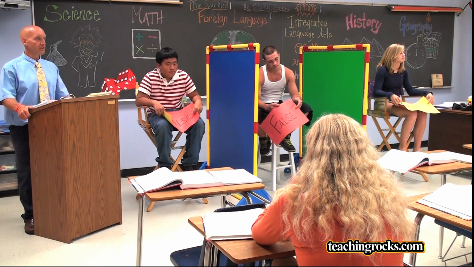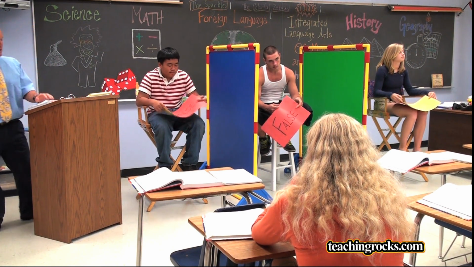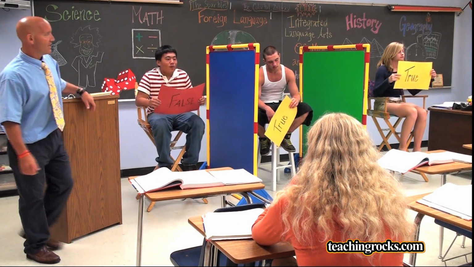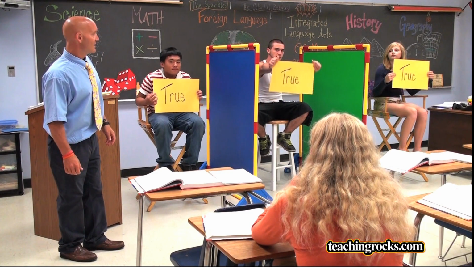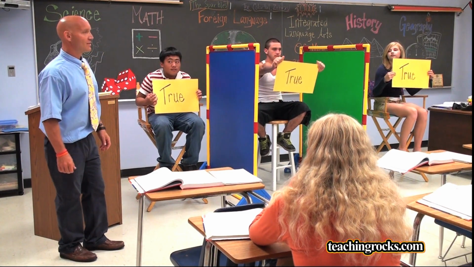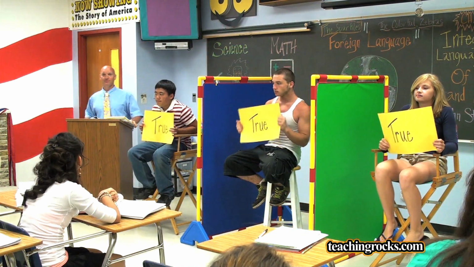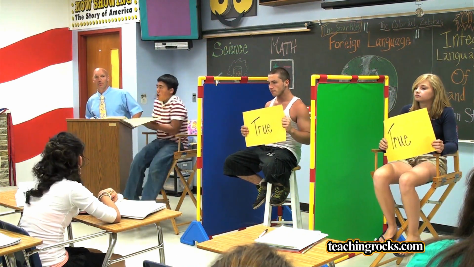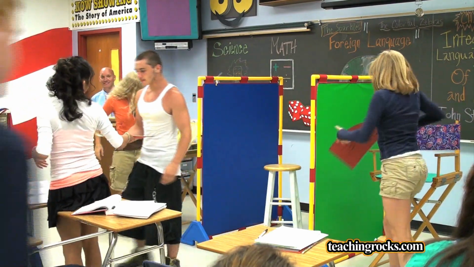Is that true or false? Okay. Show me your answer. And the answer is true. Let's give them a little something on that. All right, Courtney, you're up. And for the next group, Monica. And finally, Hunter for Team Cha.